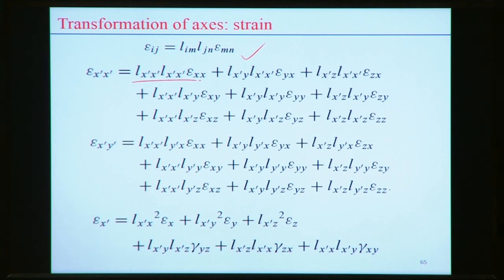So L represents the direction cosines, and here we are trying to find out the transformation with respect to x, y, z, that is corresponding to x dot, y dot and z dot axis system, what is the state of the strain?